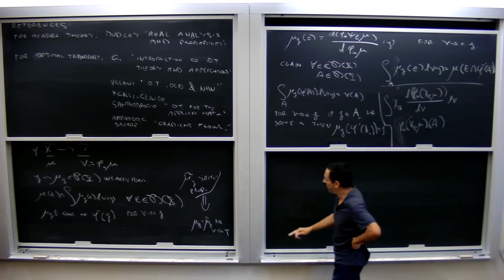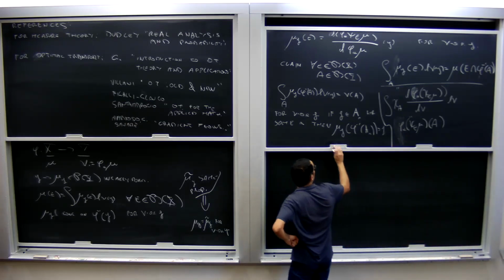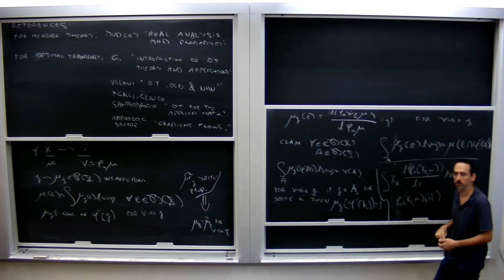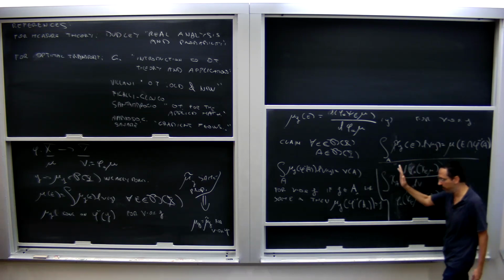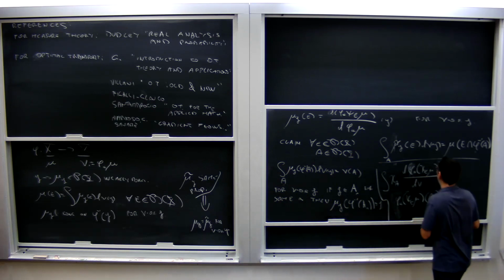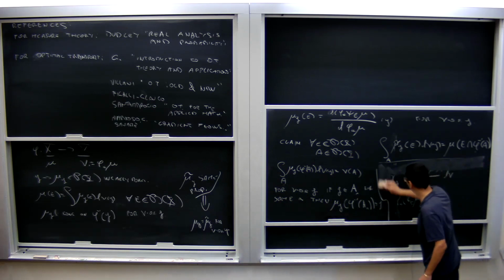Well, let me claim that this is also true for mu tilde. We already know that for our mu, that statement is true. Let me prove that this is true for mu tilde. And why is it so? Well, I make a slightly different computation.